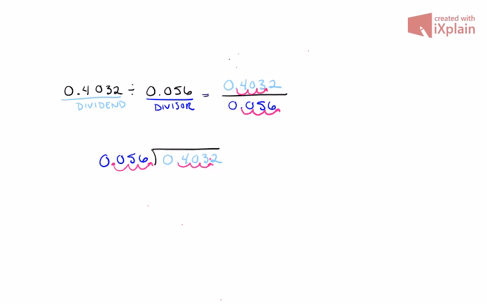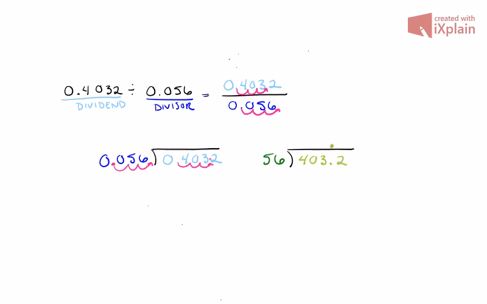So the way that my problem is going to look now when I rewrite it is as follows. I'm going to have a divisor of 56, my long division symbol, and then a dividend of 403 and 2/10.